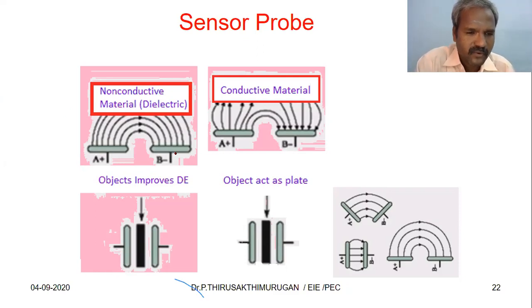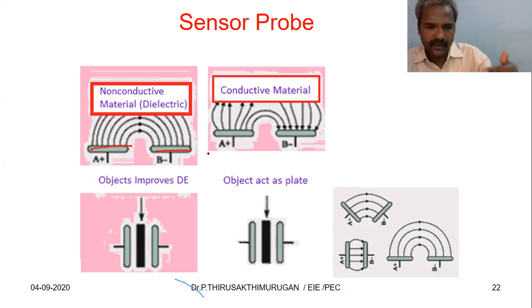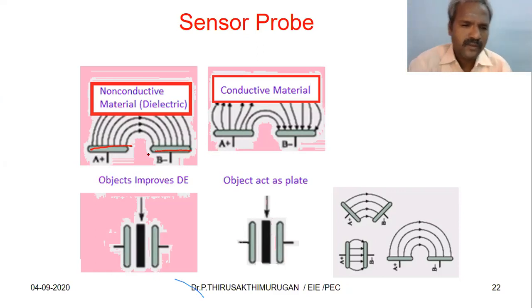As I showed in the previous slide, one probe is attached in the sensor head, and another plate is in the front, the front probe. So it generates some field.